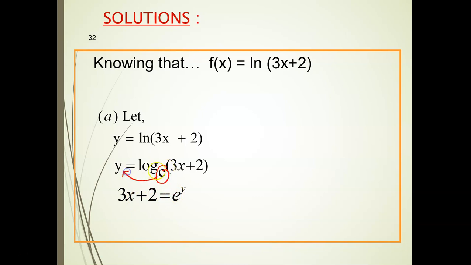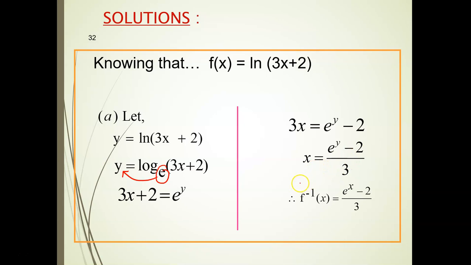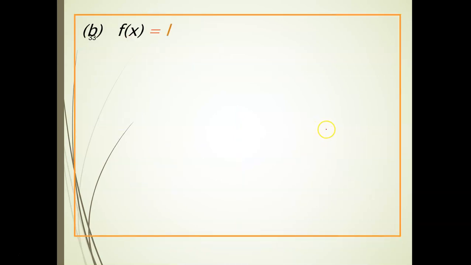We bring it here, then we get 3x equals e^y minus 2, so x equals (e^y minus 2) over 3. So this is our function of the inverse.